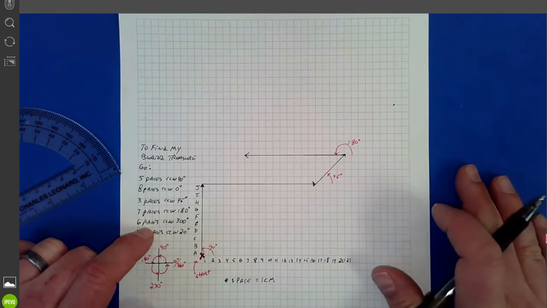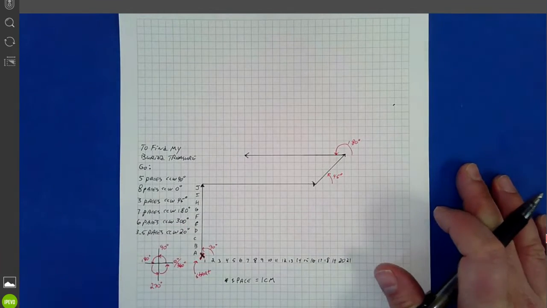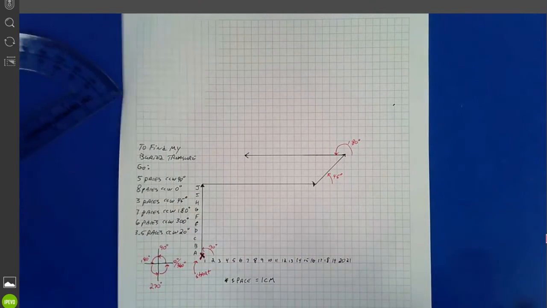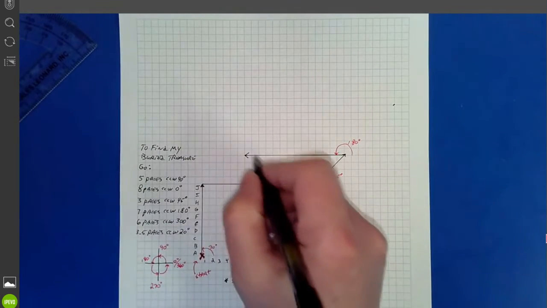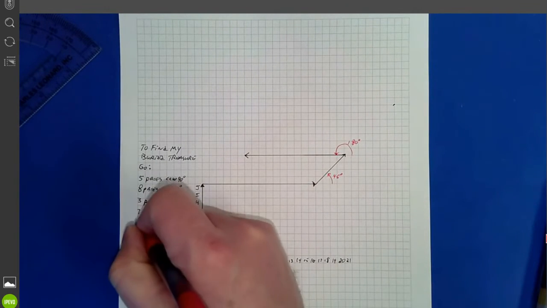Next is 6 paces, 300 degrees counterclockwise. Before I draw this, let me put a note here.